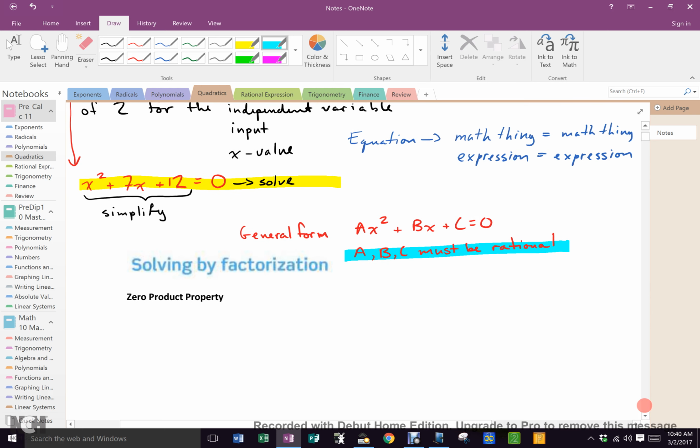Okay, let's work on actually solving these. And you already know how to solve them from the radical unit. You think you don't, or you might have forgotten, but you actually already know what to do here. So I'm going to write something right here that illustrates the zero product property. A times B equals 0. What does that actually mean? What does this mean in English?